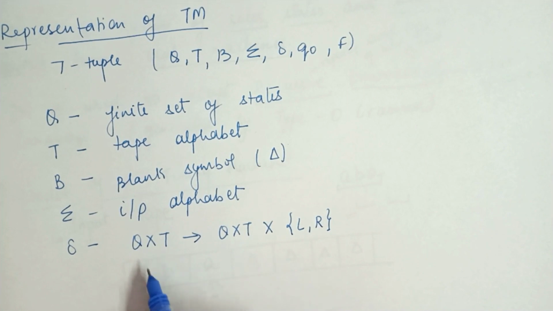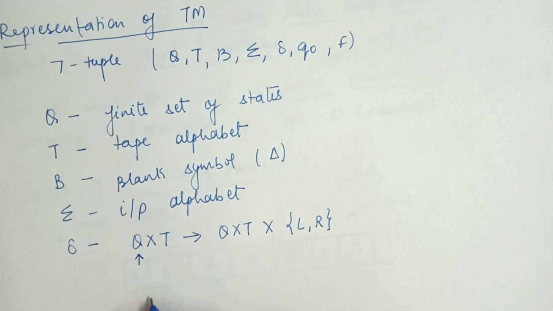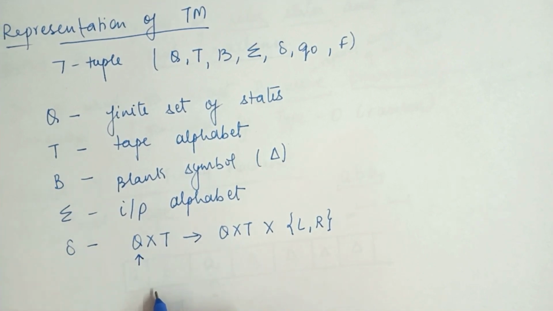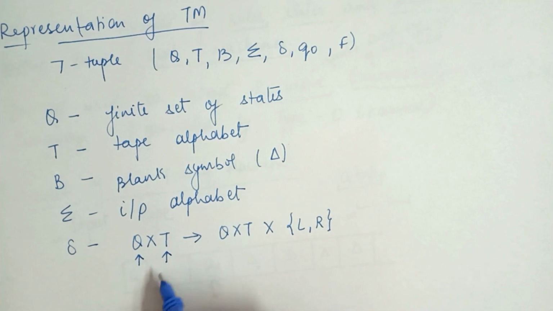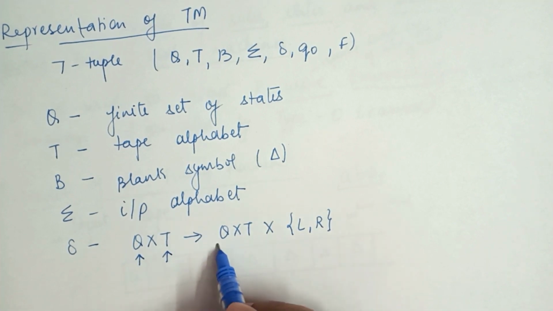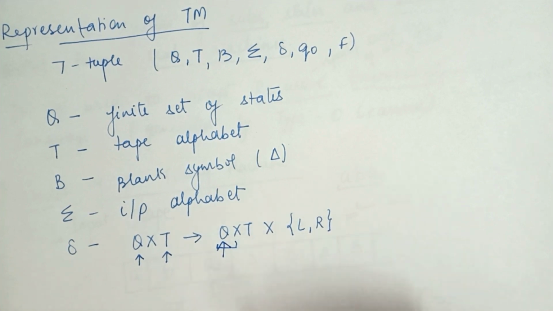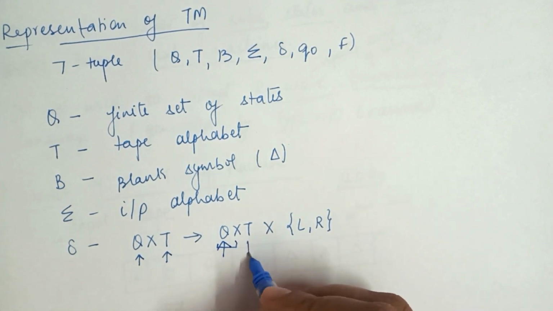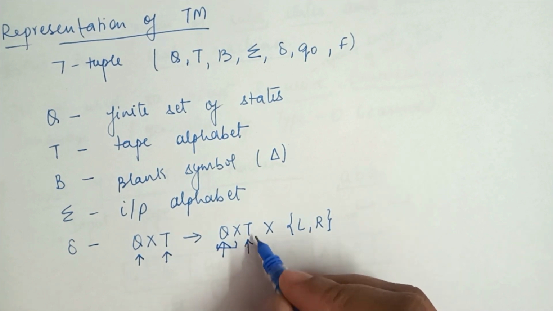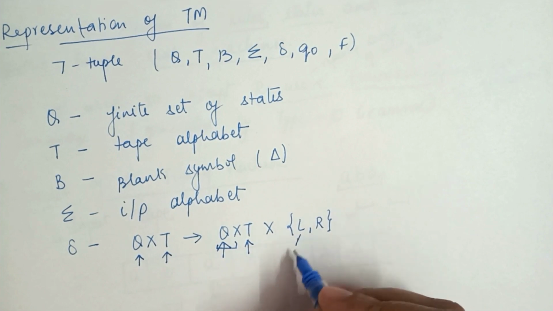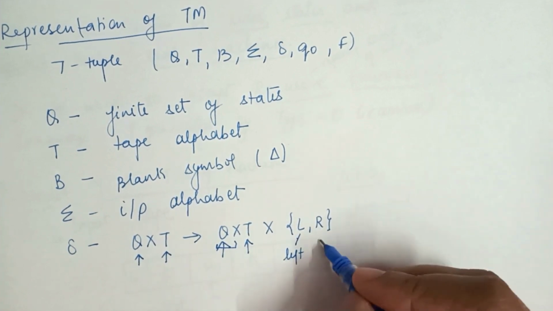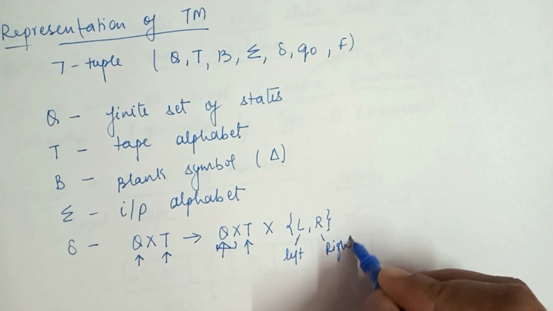It means that depending upon the present state and the present tape symbol, which is pointed to by the head pointer, it will move to the next state, and it may or may not change the tape symbol, and move the head pointer either to the left of the tape, or R stands for the right of the tape.